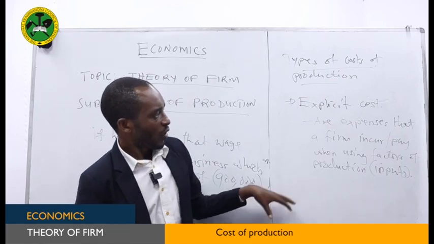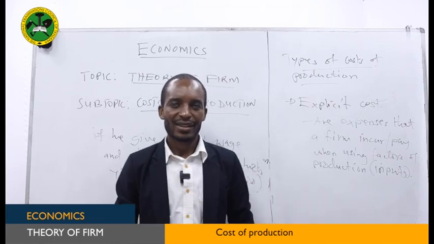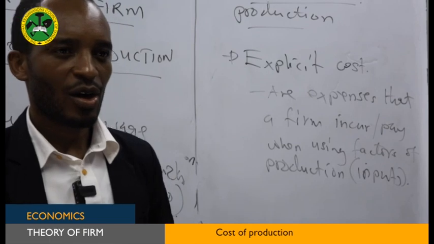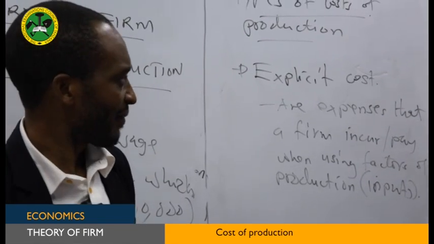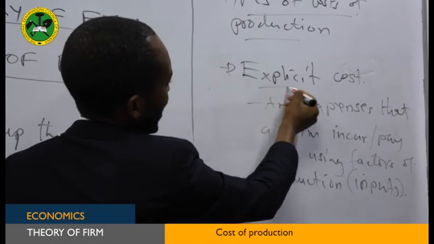When a firm or a businessman pays bills or wages or water bills and whatever, the actual money that a firm pays we call an explicit cost.